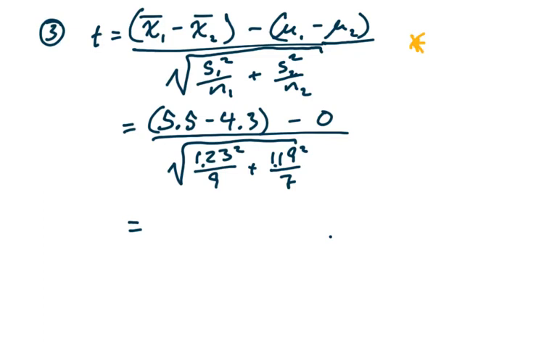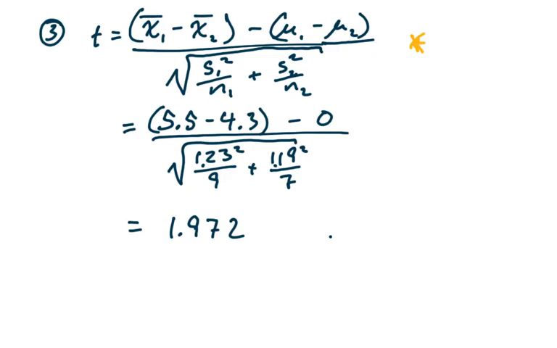Remember, it's virtually the exact same thing, just a slight change of notation, as the way that we computed our test statistic when using the z-test. Here we have substituted everything in, and punch it into your calculator now. We get 1.972.